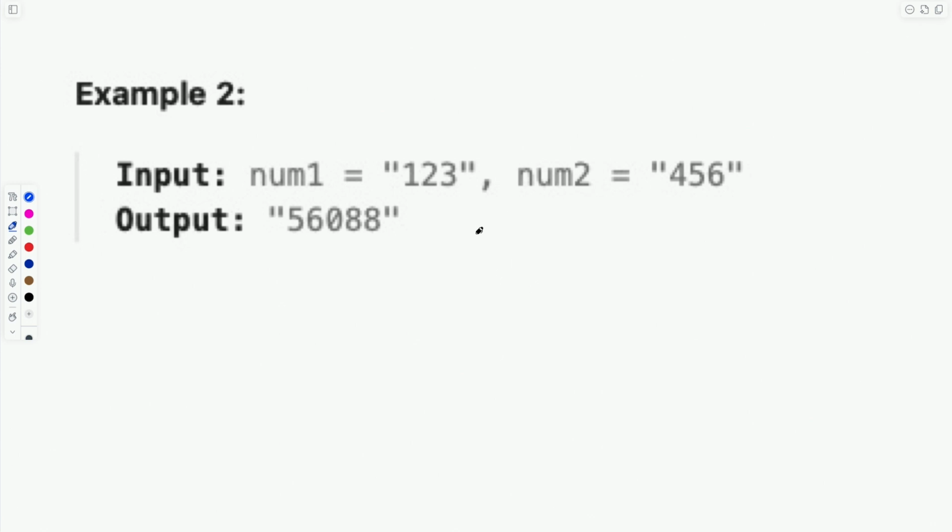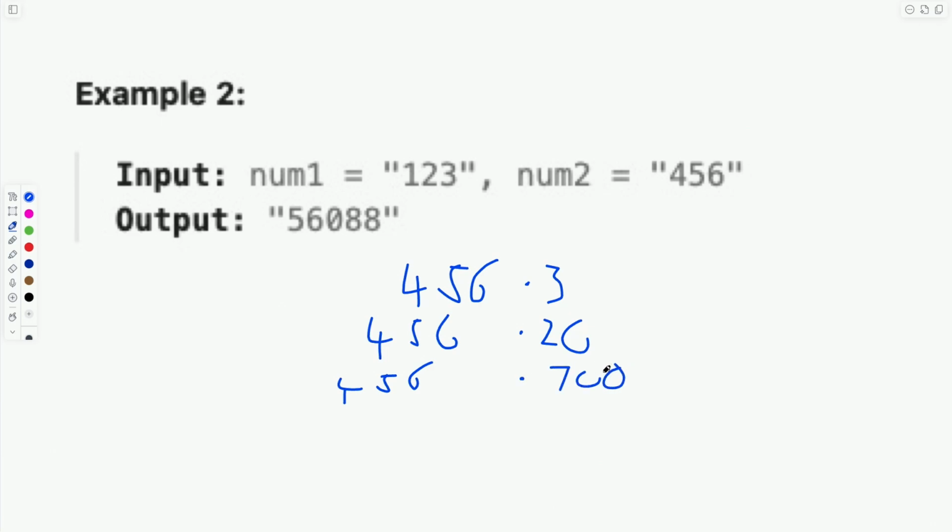Basically, you would calculate 456 times 3, and then you would add 456 times 20, and you would add 456 times 100. That's basically what you would do, and you would add all of them up.